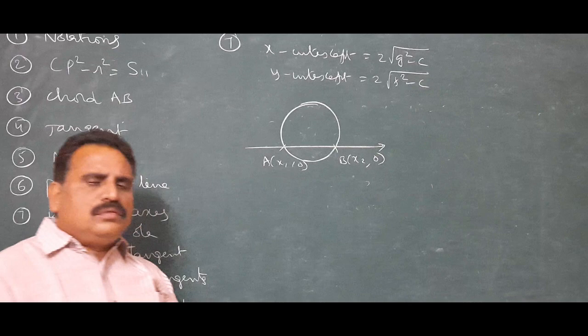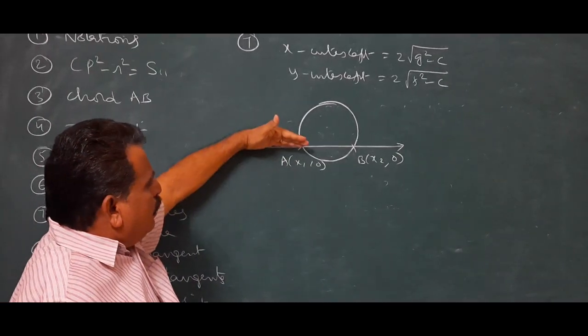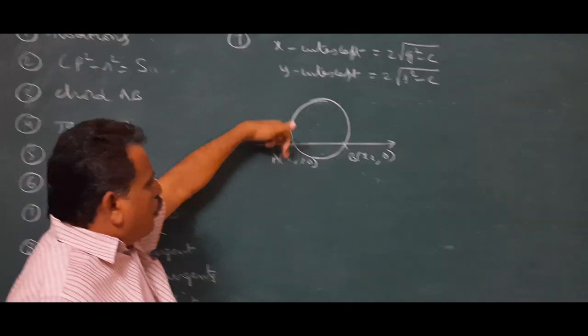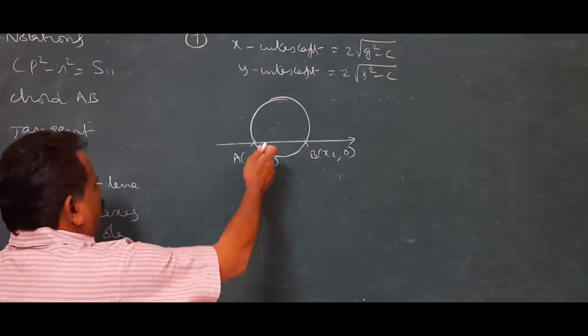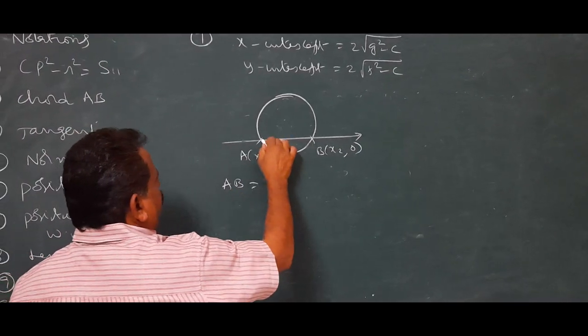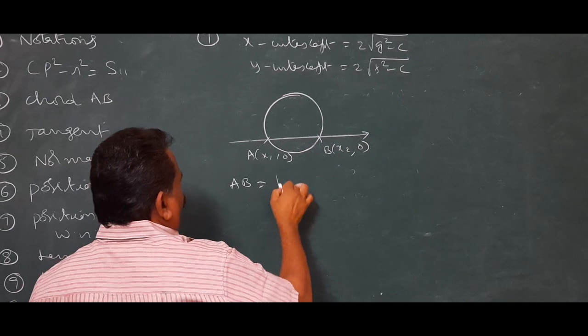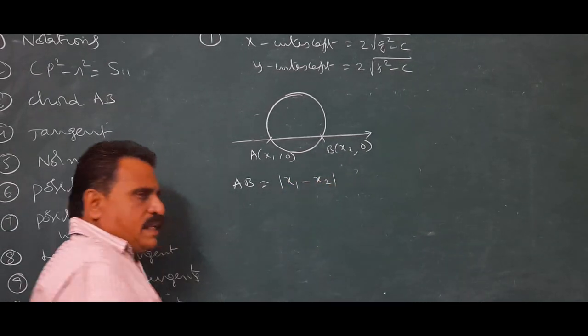How to prove this? Very simple proof. The line cuts the circle at the points A (x1, 0) and B (x2, 0). The x-axis cuts the circle. AB is called the x-intercept, which equals the modulus of x1 minus x2 or x2 minus x1.